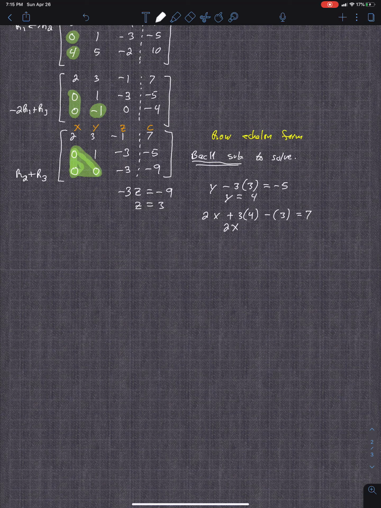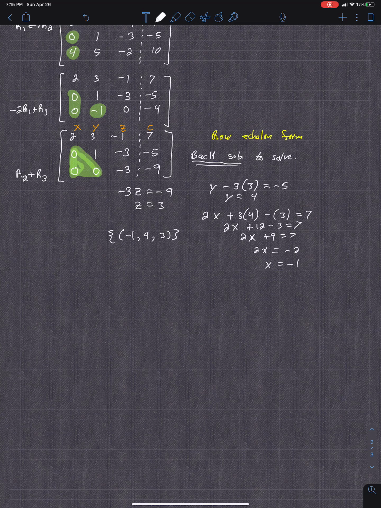So you get 2x plus 12 minus 3 equals 7. 2x plus 9 equals 7. 2x equals negative 2. So x equals negative 1. So then you have your unique solution of x is negative 1, y is 4, and z is 3. There we go.